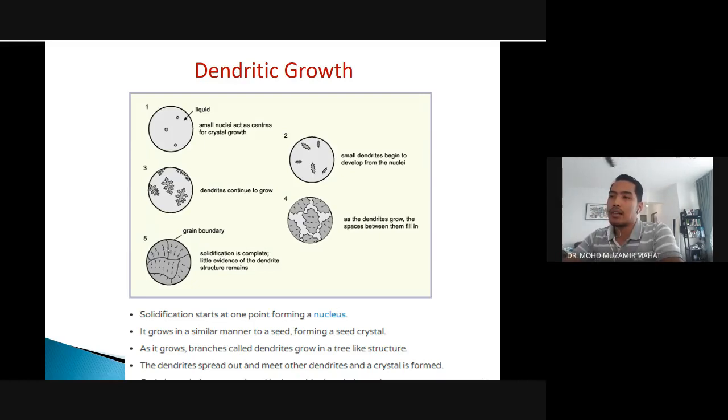These are the grain boundaries, we call it GB. So the grain boundaries are allowed within the structure, and this is the phase where solidification is complete, and we can see that little evidence of the dendrite structure remains. There are just small parts of it remaining. Okay, this is fully solidified.